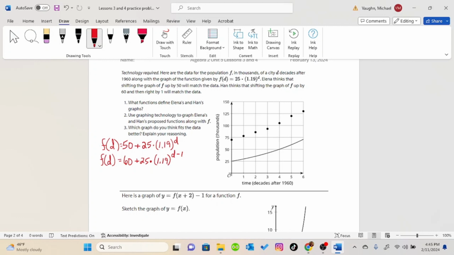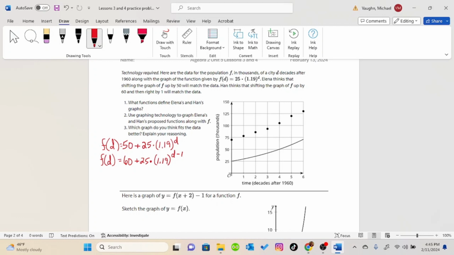So if you remember, when we're shifting right by 1, we need to subtract 1 from the input. So this first equation would represent Elena. The second one would represent Han.